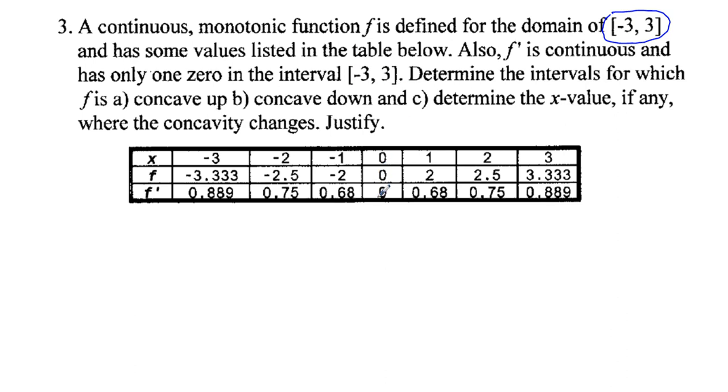And that's going to be this one right here, right? That 0 right here is what they're speaking of. Determine the intervals for which f is A, concave up, and B, concave down, and C, determine the x value, if any, where the concavity changes.